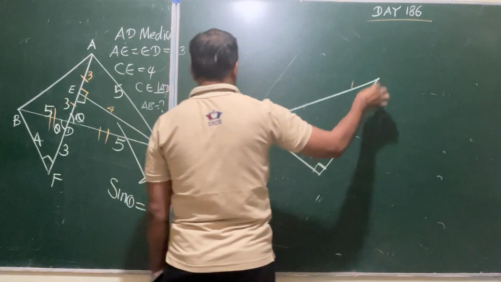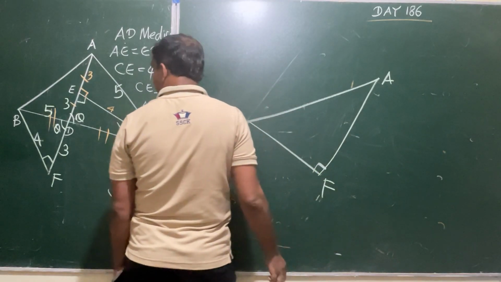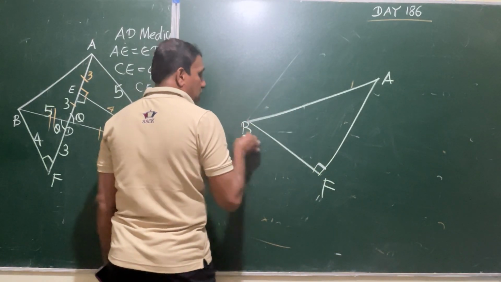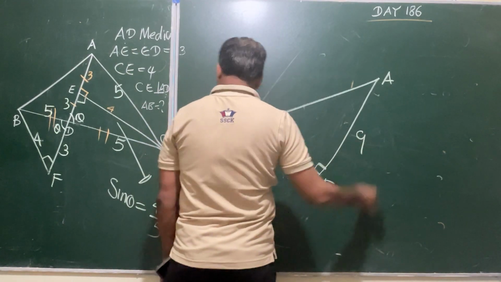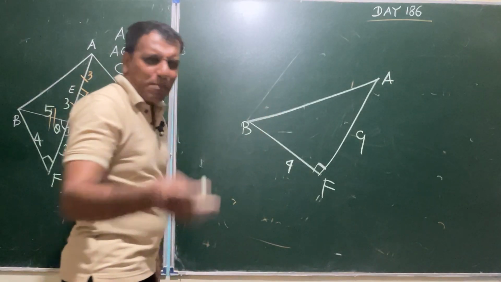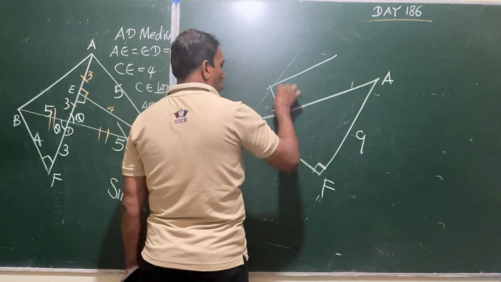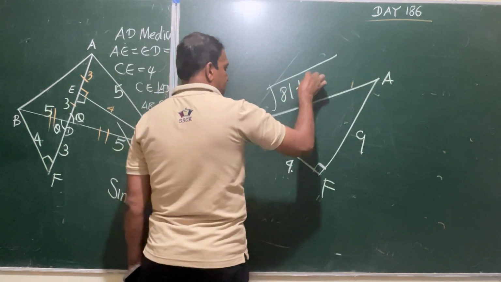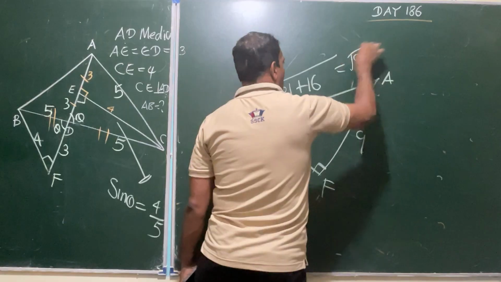This is A here, this is F, and here B. So what is AF? 3 plus 3 is 9. What is BF? There it is 4. So what is AB? Apply Pythagoras, square root of this square 81 plus this square 16. Therefore the answer is root 97. A wow problem.